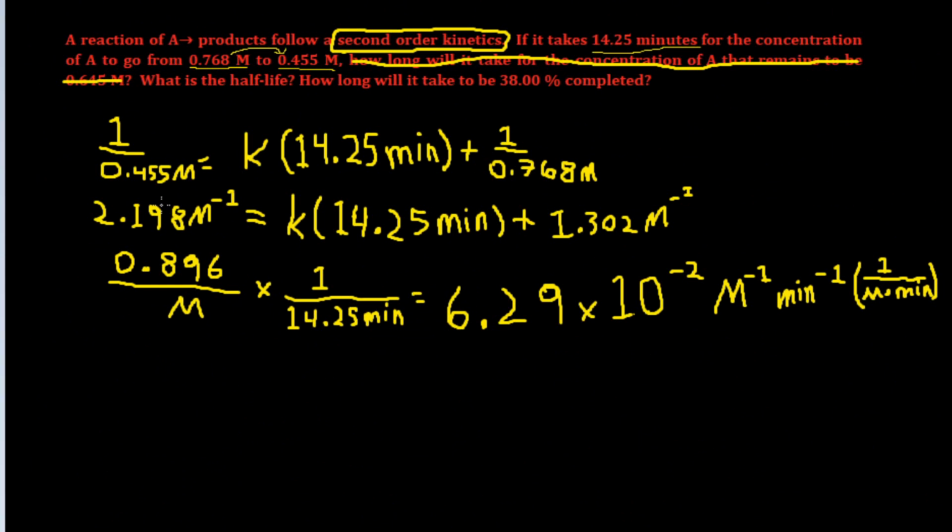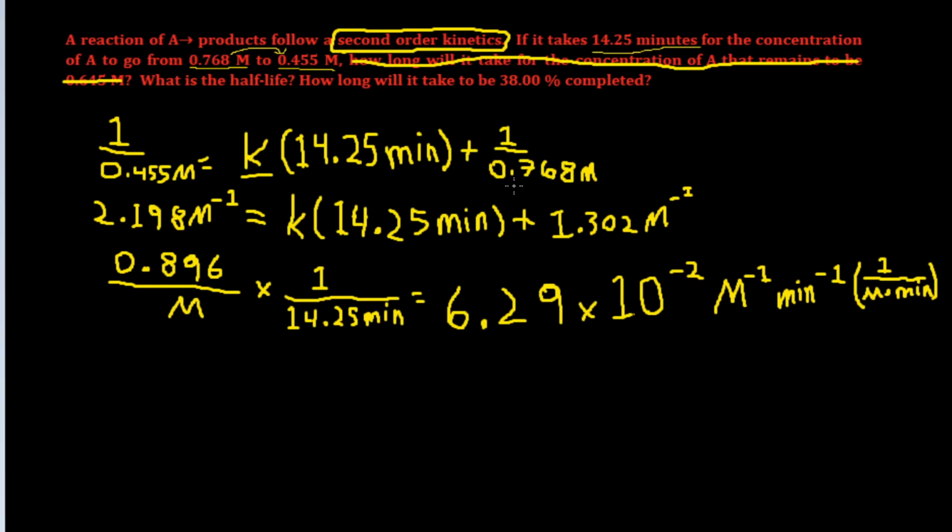So then we plug in our numbers, so it goes from 0.768 to 0.455, so 0.455 is our final value, and then we have K, what we're trying to find, times minutes. It doesn't say to answer in seconds anywhere here, so I'm not going to convert. So 14.25 minutes times K, and then plus 1 over the initial molarity value, 0.768.